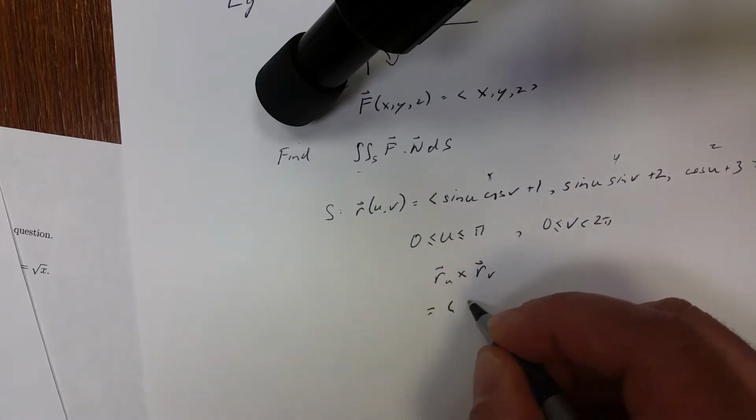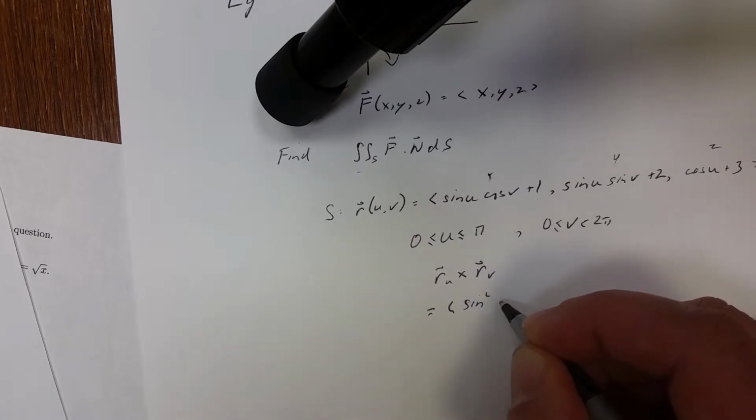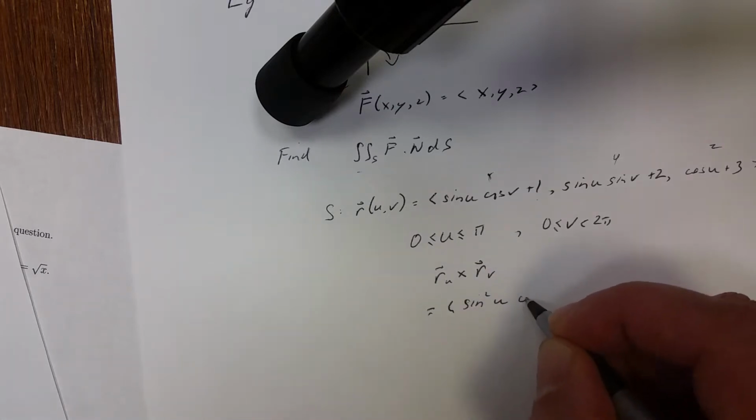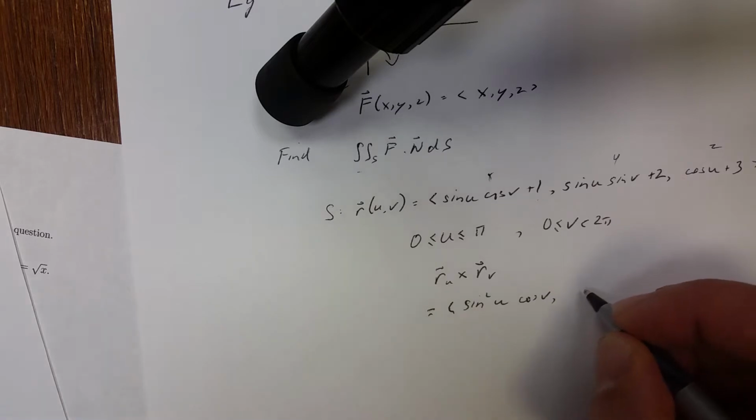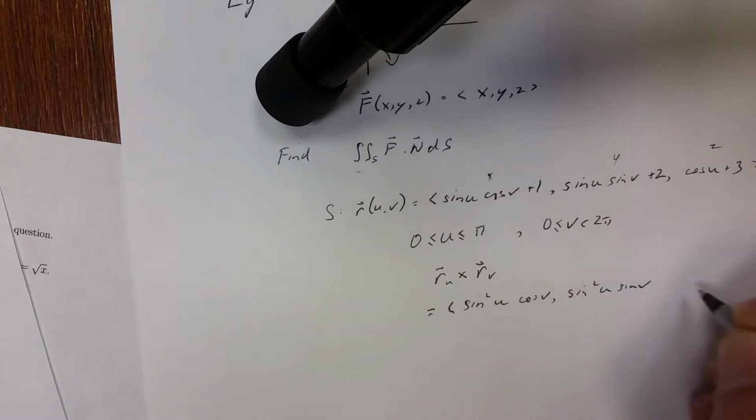We end up with sine squared u cos v, sine squared u sine v, sine u cos u.